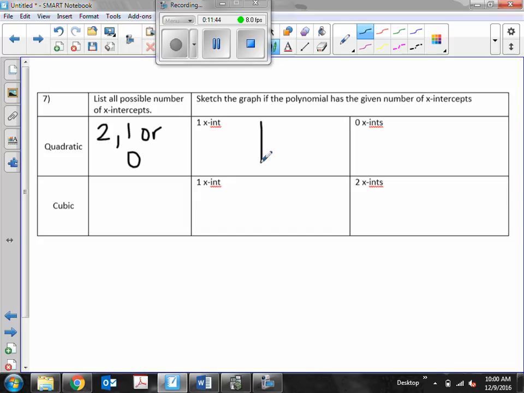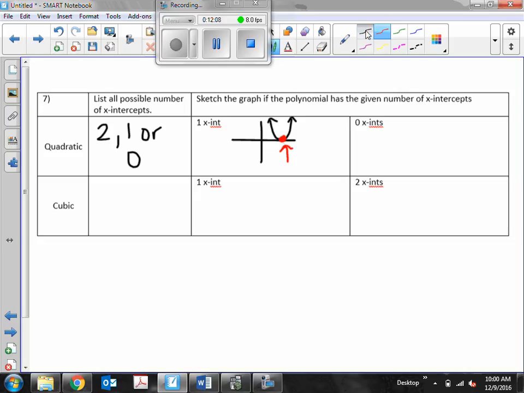Whenever it has 1 x-intercept, that means that the hump or the vertex of the quadratic is going to be on the x-axis. So I could draw it looking like this, where it ends up just touching the x-axis at one location.